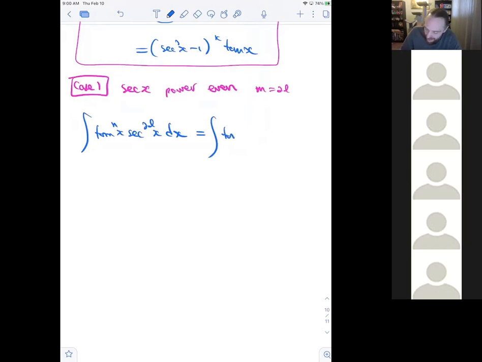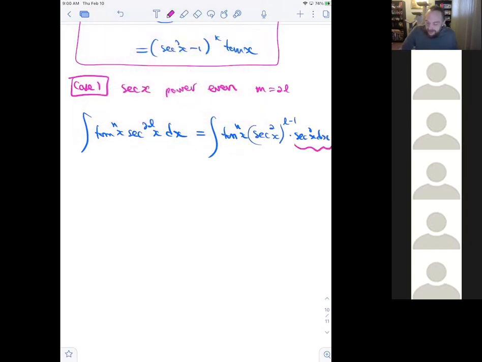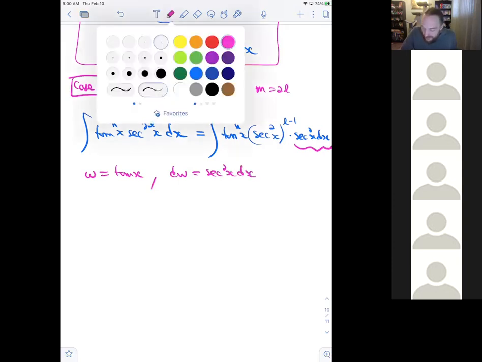The tan^n x stays, we don't alter it, because that's going to be our substitution. I write secant squared x to the power l minus 1 times secant squared x dx. Now I have my differential. I'm going to let w equal tan x. Then dw equals secant squared x dx. Then I can make my substitution.